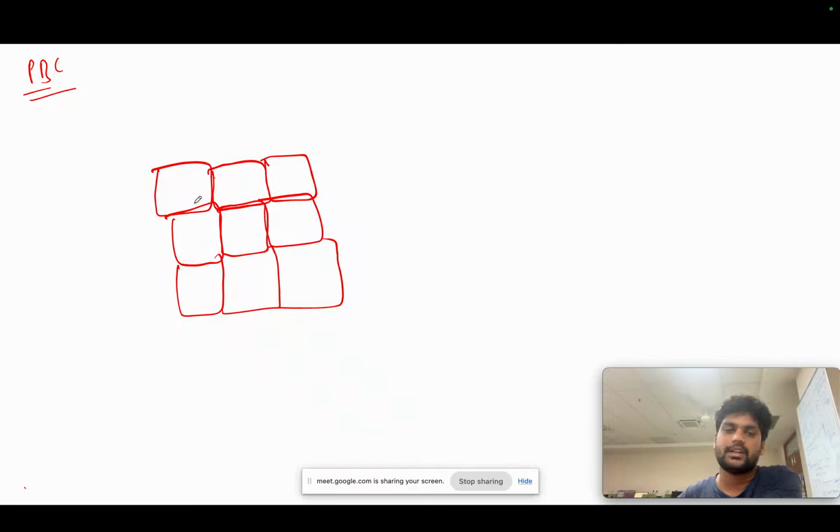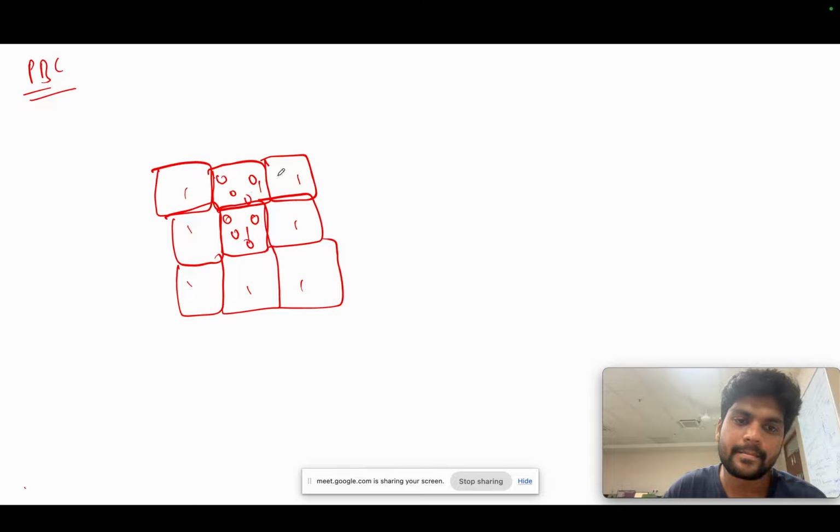You just take the replicas. If it is 1 here, it will be 1 here, 1 here, 1 here. Say you have molecules like this, 3, 4, 5. As it is a replica, it's like a mirror, as if you just carbon copied it. Any doubts in this?